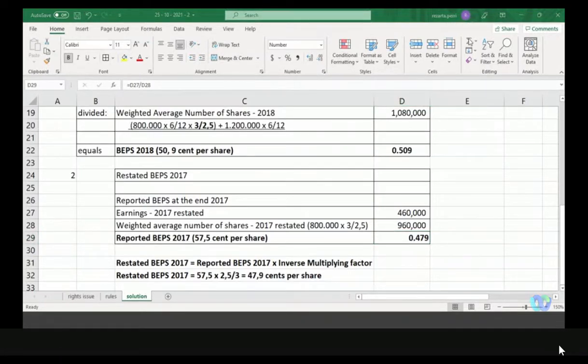Maybe this can help you to further understand more in depth why we perform the calculations this way. I hope that is clear for most of you. I'm just undoing everything because the idea was just to show why, but actually we will follow and require just to know the beginning formulas: the reported from the previous period multiplied by the inverse multiplying factor.